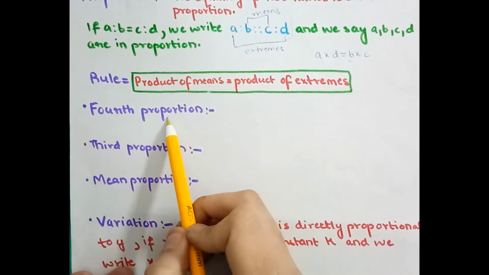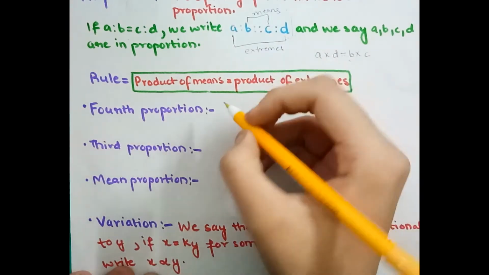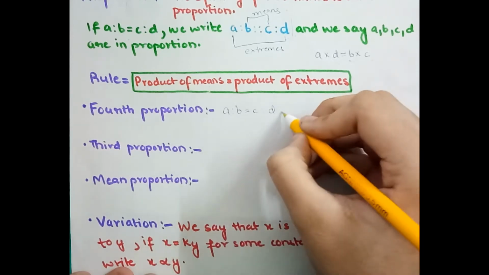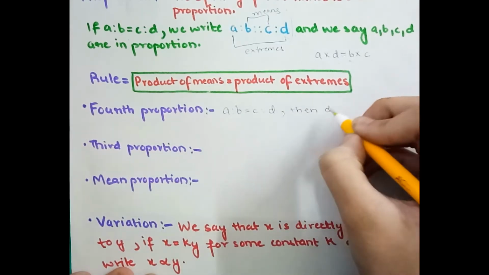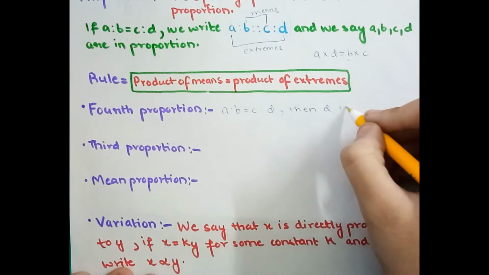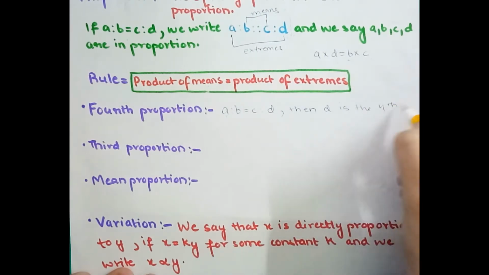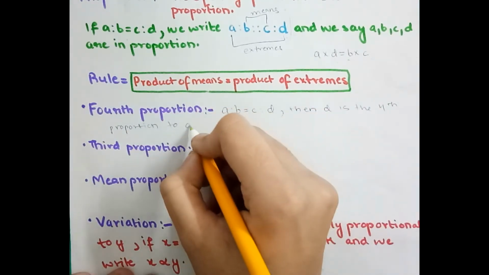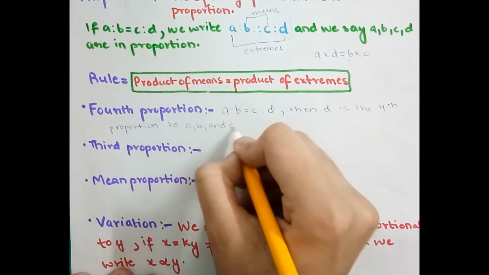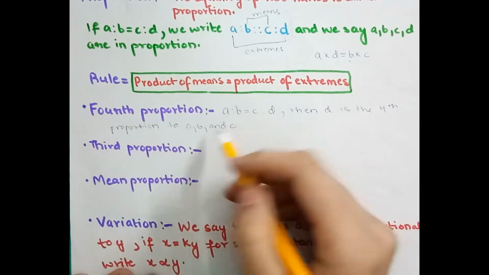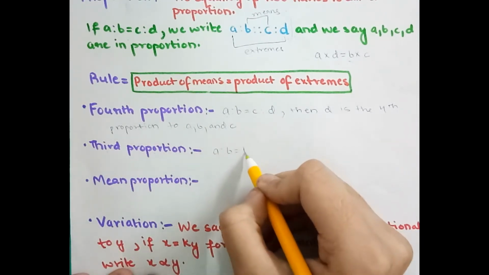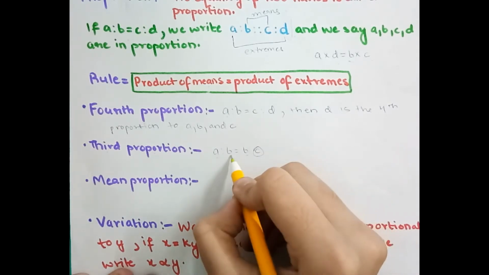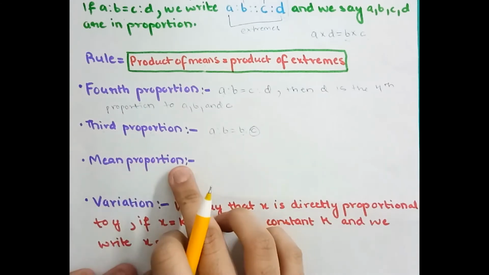What is fourth proportion? Suppose if I write A is to B is equal to C is to D, then D is the fourth proportion to A, B and C. Similarly, third proportion: if A is to B is equal to B is to C, then C will be the third proportion to A and B. Now what is mean proportion?